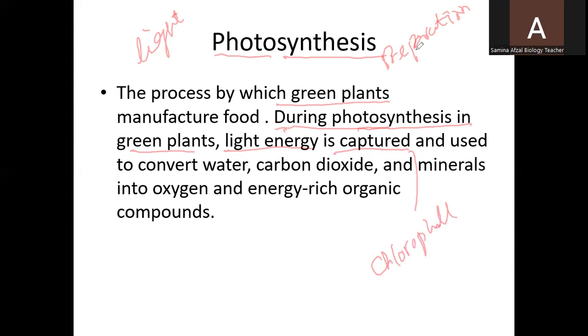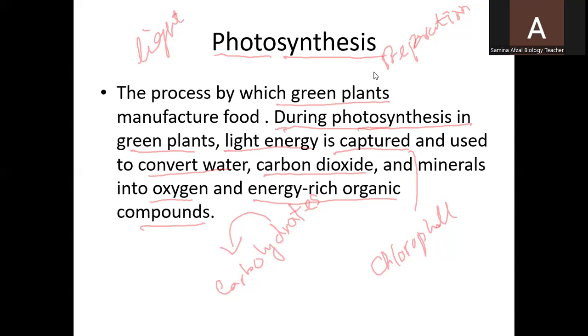And then carbon dioxide and water react together to give rise to oxygen and energy rich organic compounds, which are carbohydrates. So photosynthesis is a process which takes place in green parts of the plant in the presence of sunlight. Carbon dioxide and water are changed into carbohydrates and oxygen.